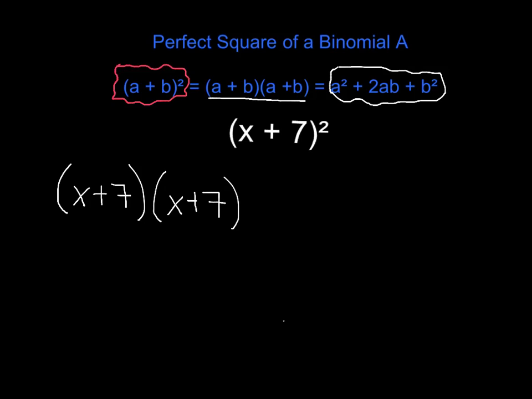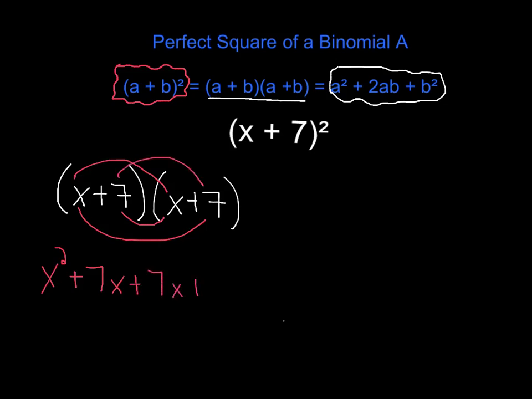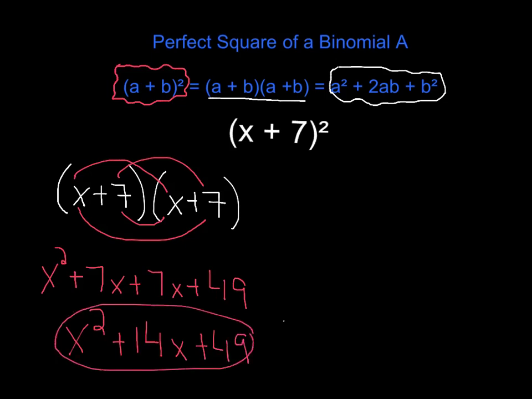If we were to now FOIL this, we would have x squared, outside plus 7x, inside plus 7x, and last 7 times 7 is 49. And then combine like terms, so x squared plus 14x plus 49 is our answer.